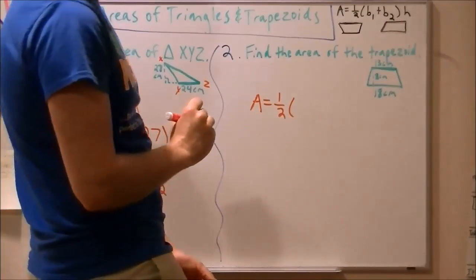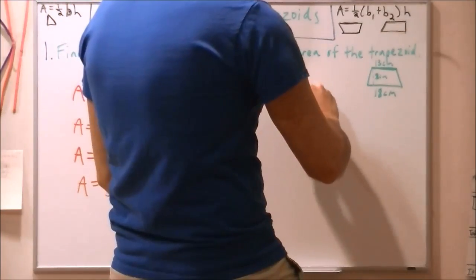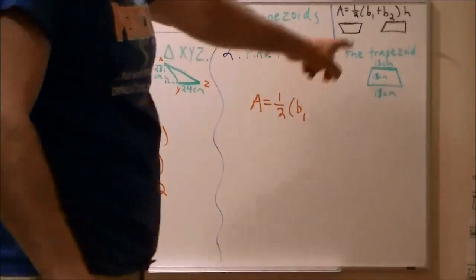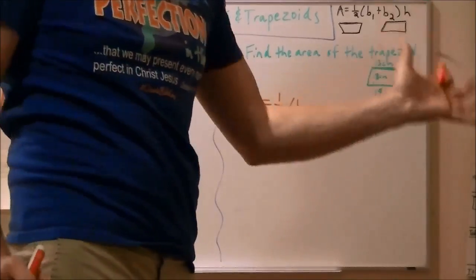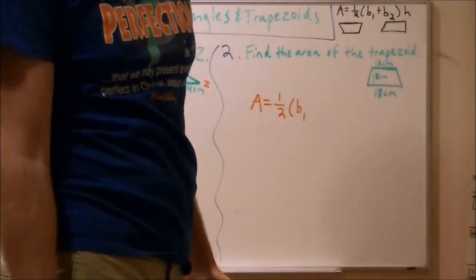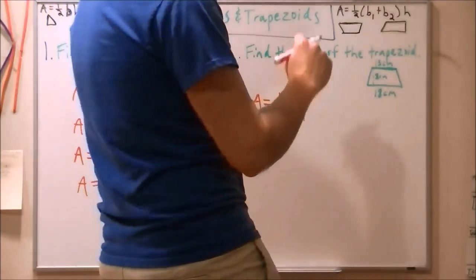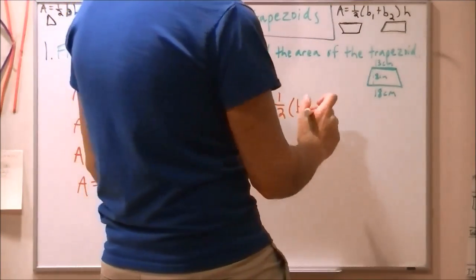Open parentheses. This is different than a triangle. B1, not like b to the first power, and not b to the second power, but just meaning one base and then another base. It doesn't mean what exponents mean. These are not superscripts, these are subscripts, or below scripts.